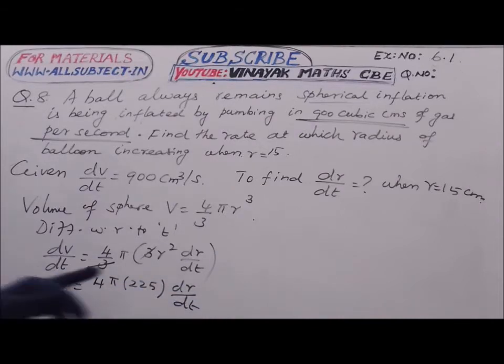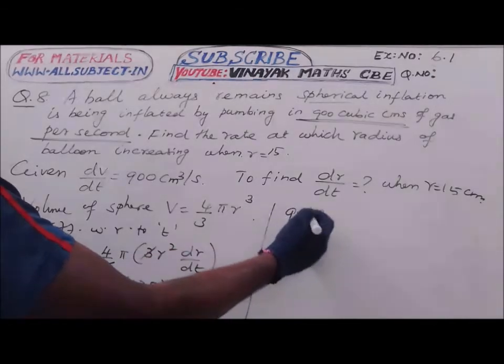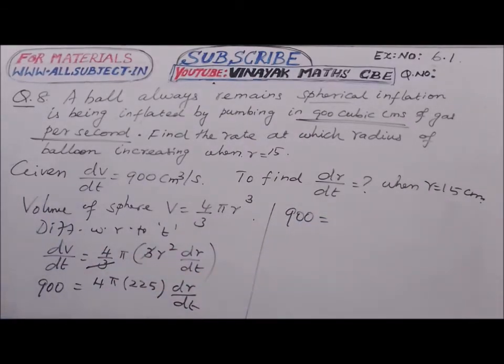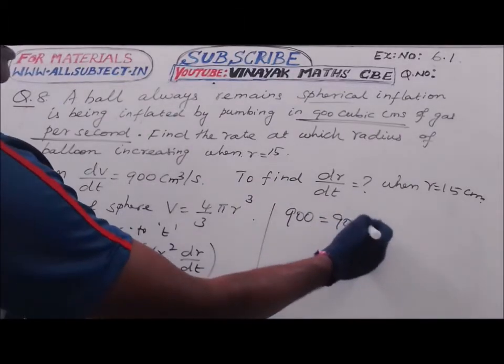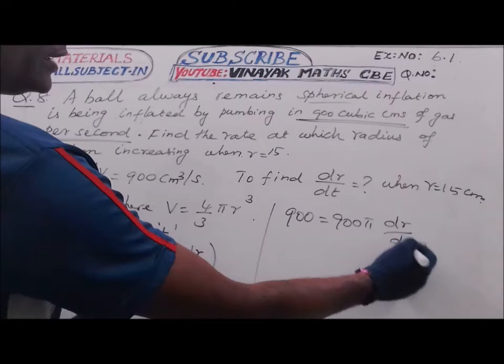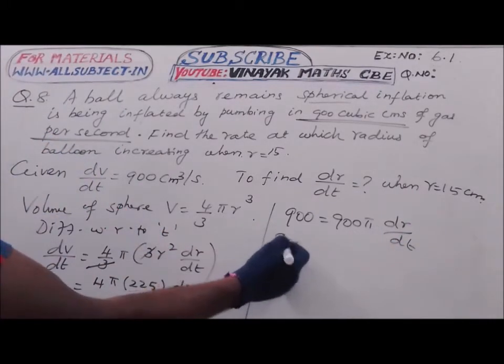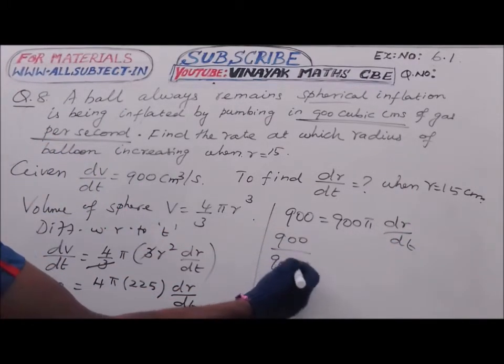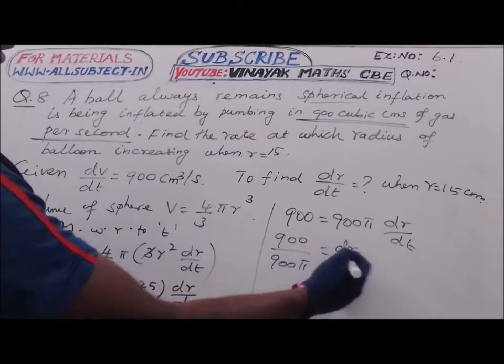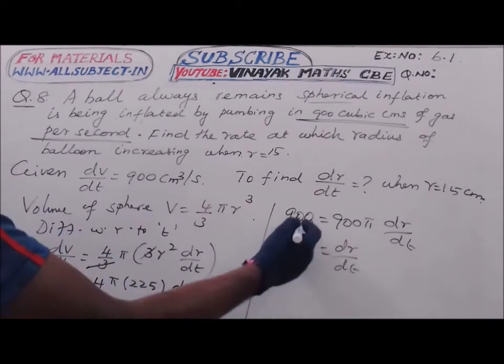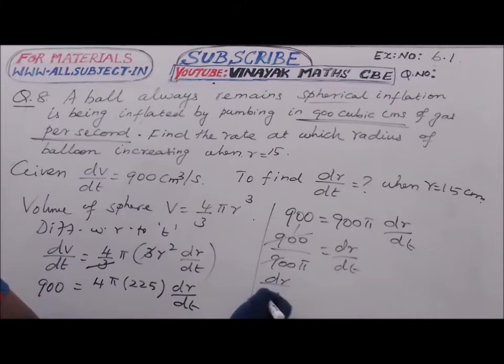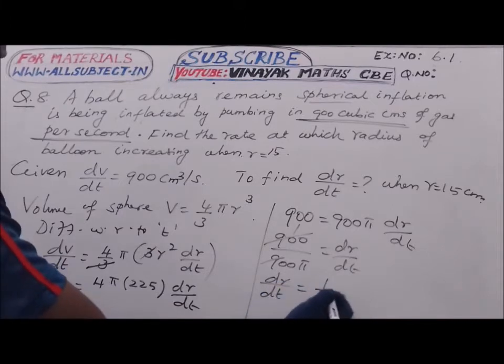Four times 225 is 900, so 900 equals 900 pi into dr by dt. Dividing by 900 pi, dr by dt is nothing but 1 by pi.